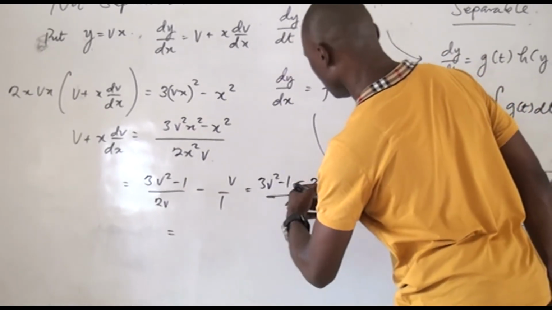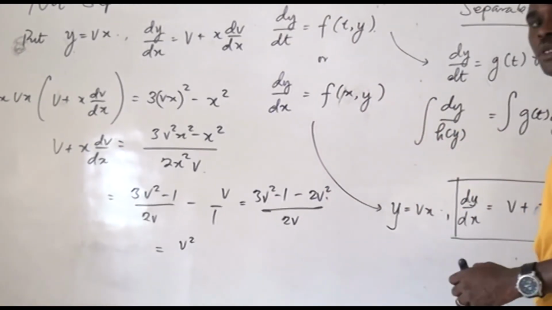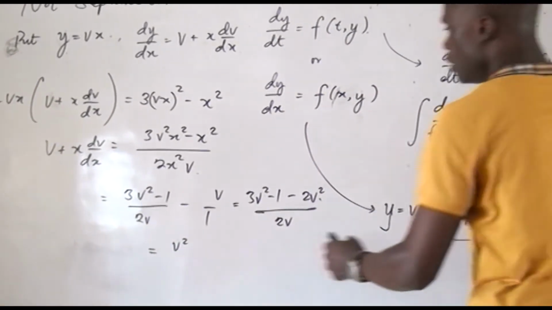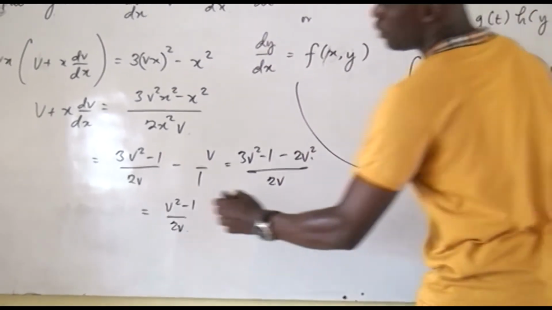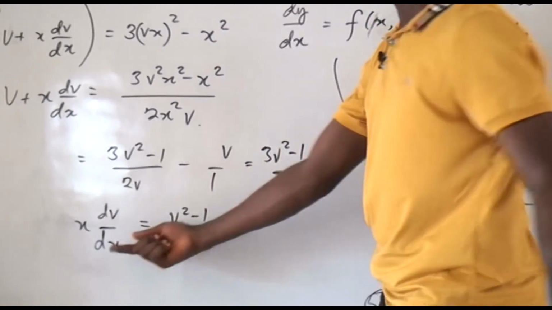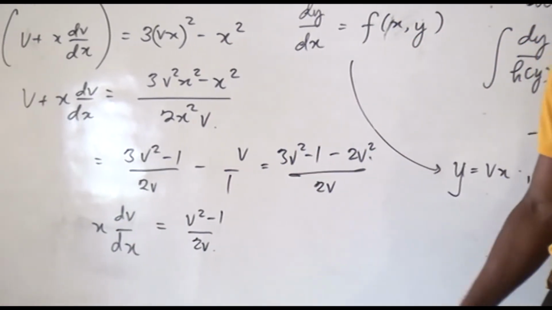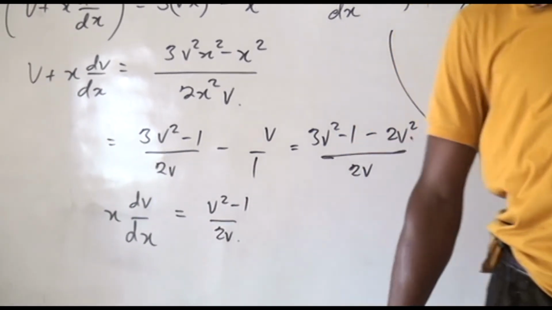That will give us x dv/dx equals v squared minus 1 over 2v. So boom, here we have an equation that is separable. You can now see that this is a function of v, and we also have a function of x.